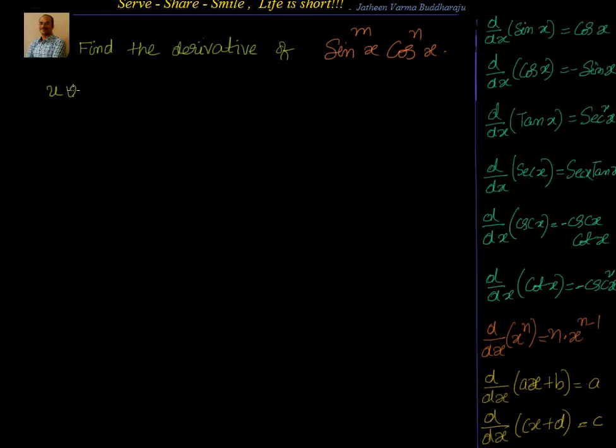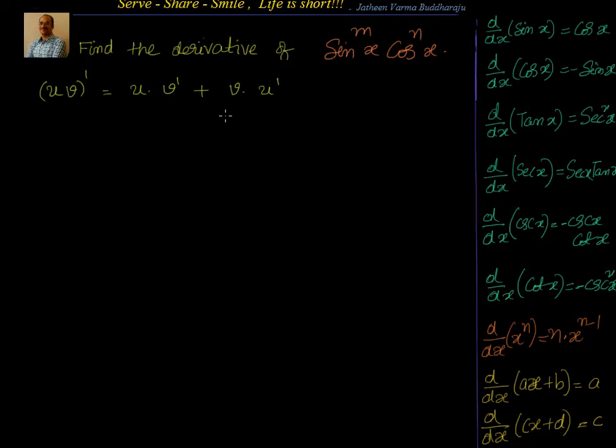The product rule says the derivative of a product of two functions is equal to the first function multiplied by the derivative of the second, plus the second function multiplied by the derivative of the first.